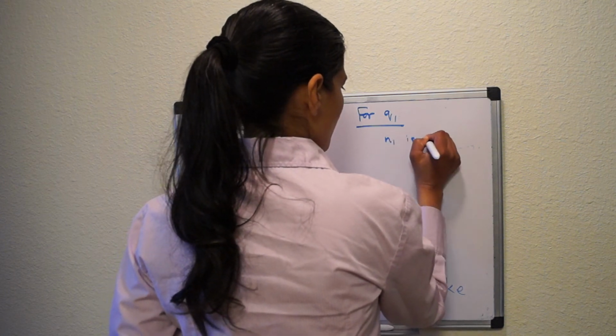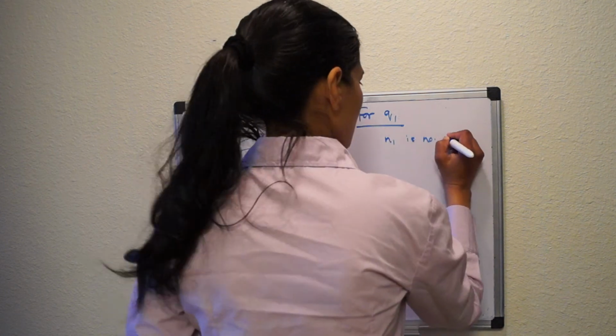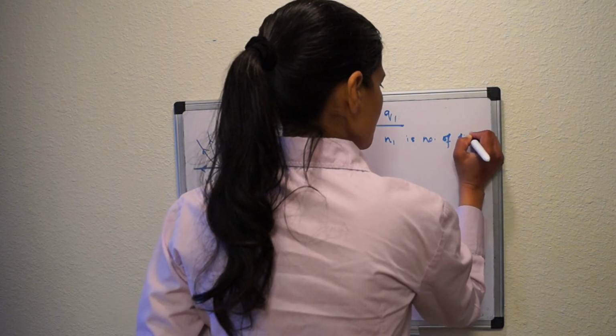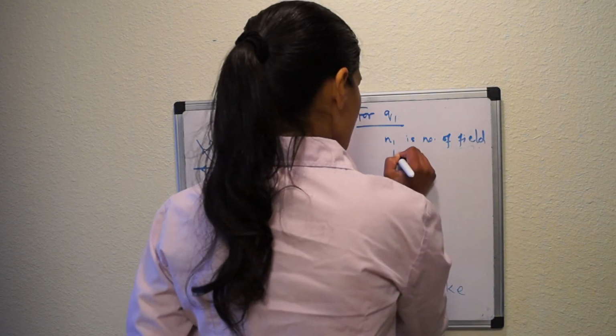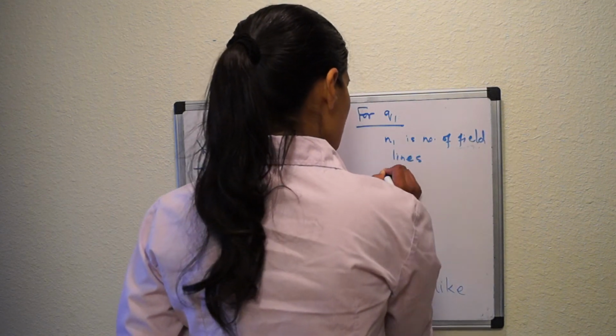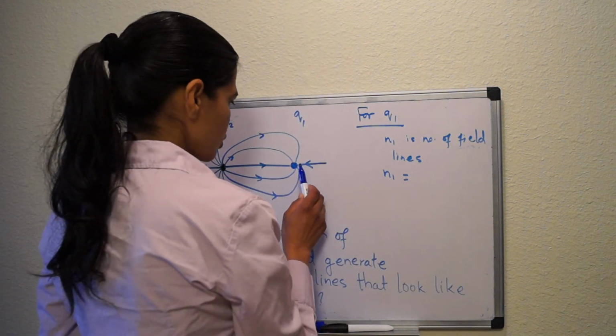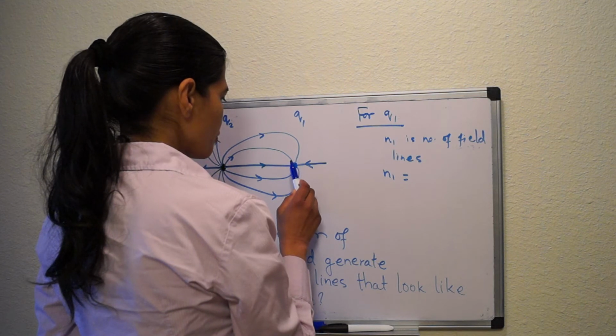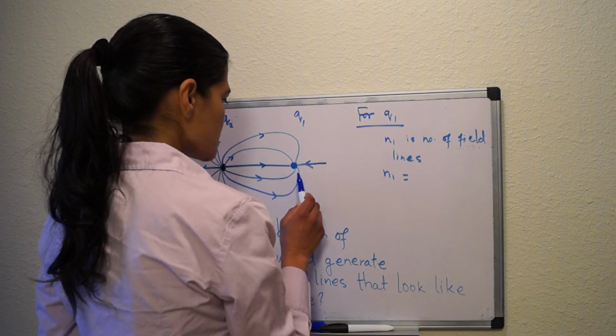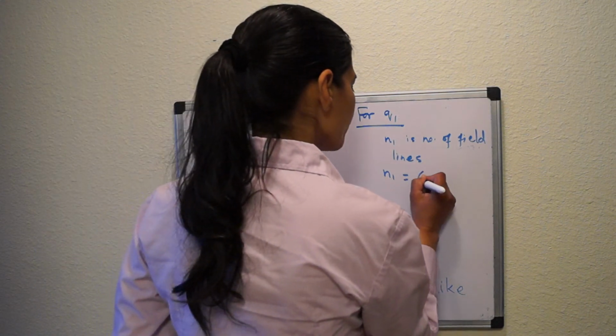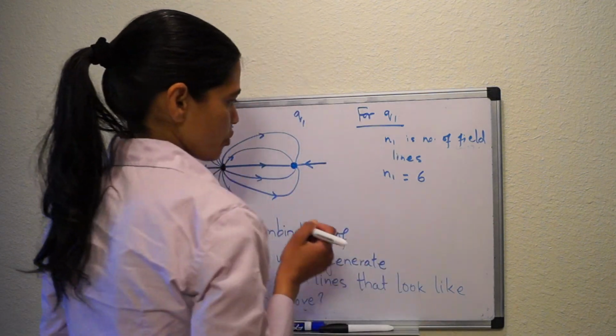So for Q1, let us say N1 is the number of field lines. Let's look at how many field lines we have. We are just going to count. Let's count: 1, 2, 3, 4, 5, 6. So there are 6 lines ending on charge Q1.